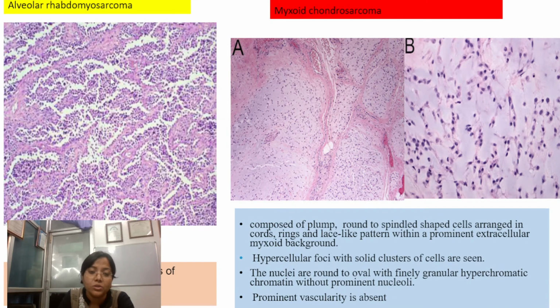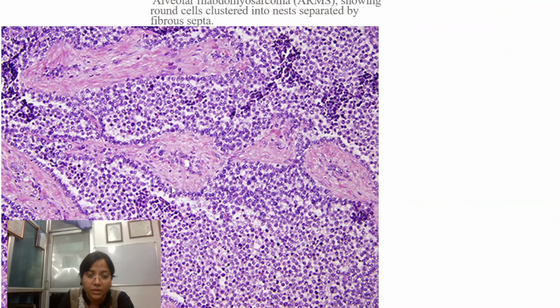The fibrous septa are not clearly visible here, so we go to the high power view, where these are the fibrous septa and these are the round clusters of cells. Here we can also confuse it with other tumors like Ewing sarcoma, so we can do CD99 to differentiate the cell of origin.